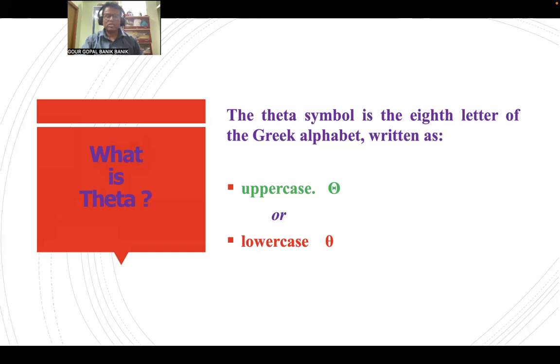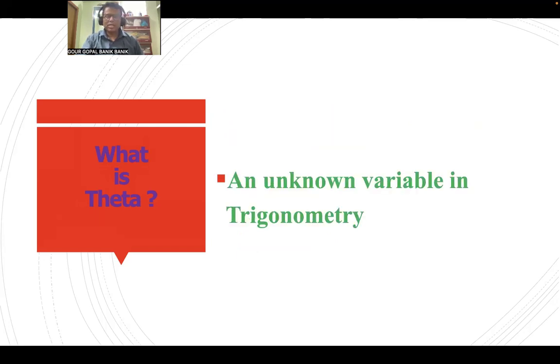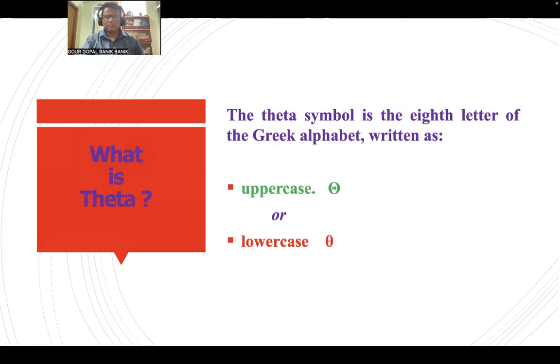Many children think, what is theta? And why are you using it? Remember, it's an unknown variable in trigonometry. You can put values for the unknown, it may be any value. But how is it written? This lowercase is written. Theta is the eighth letter of the Greek alphabet.